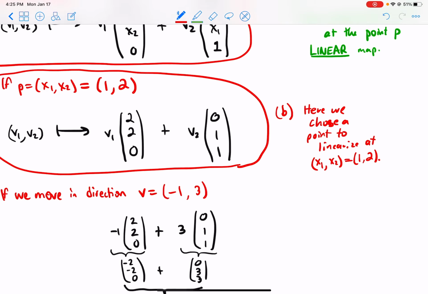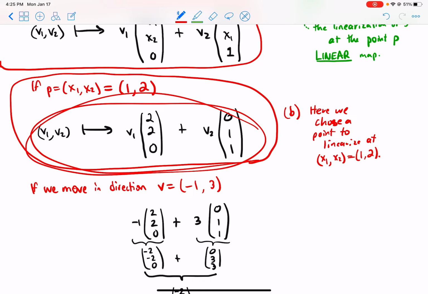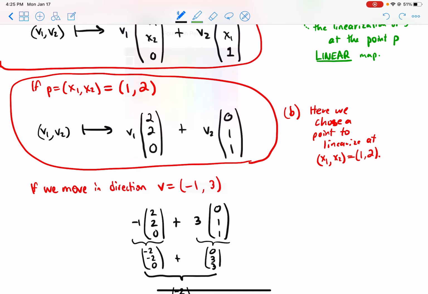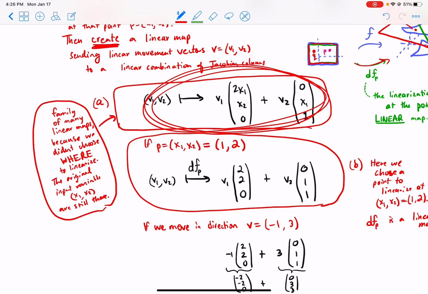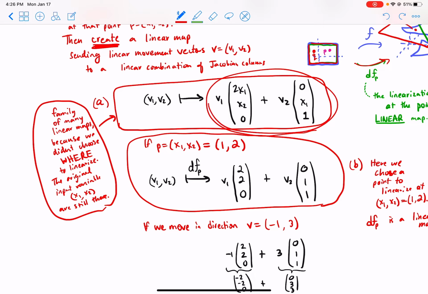And so this formula right here is a map. It's what we usually call the derivative of f at the point P, where we've chosen P. So that's a linear map. DFP is a linear map. Compare that to part A up here. This is not quite a linear map yet. It's a whole family of linear maps, depending on when we finally choose x1 and x2. This is many, many linear maps, depending on where we linearize.